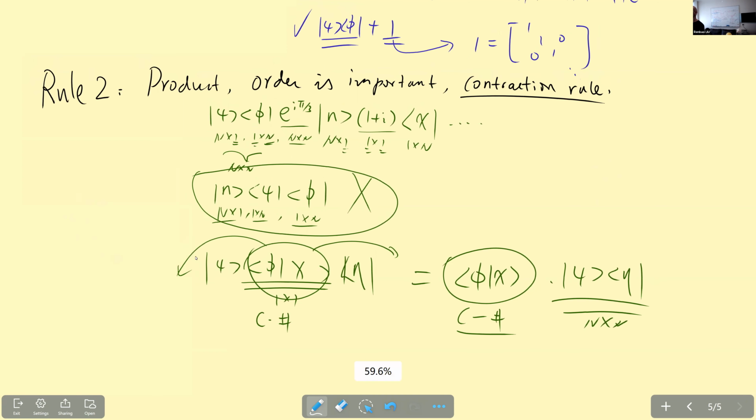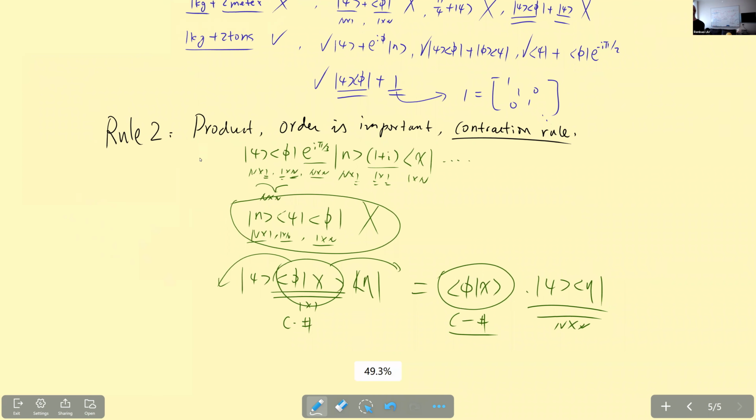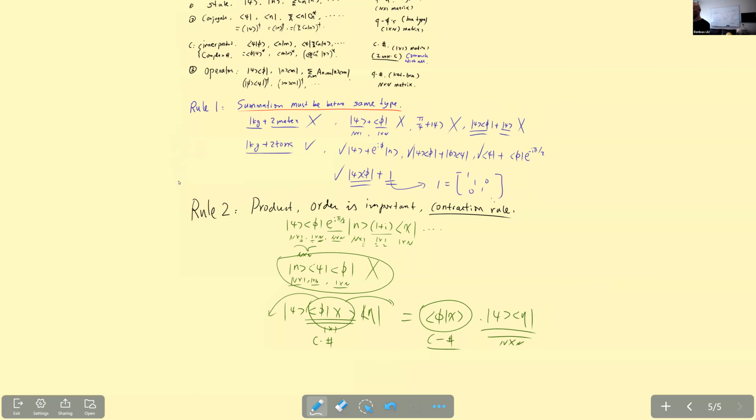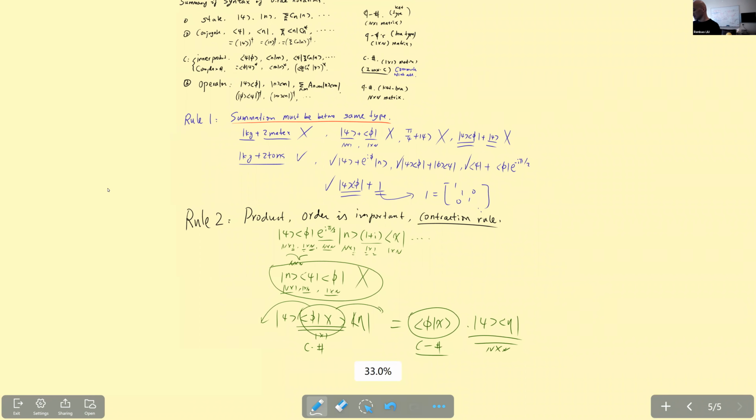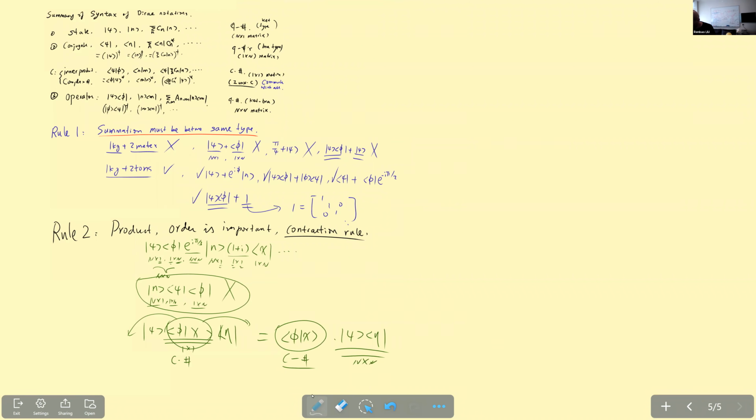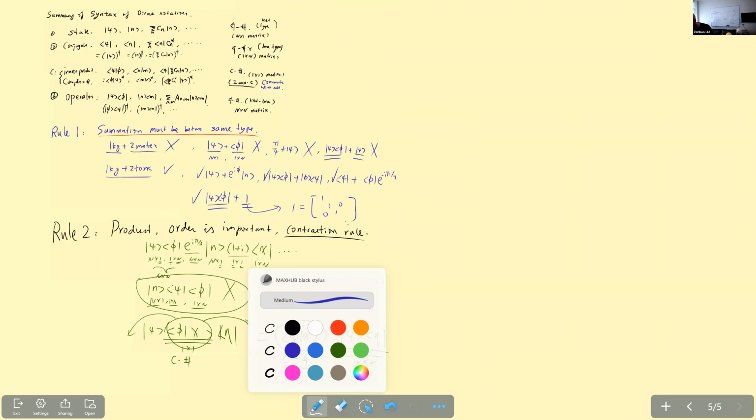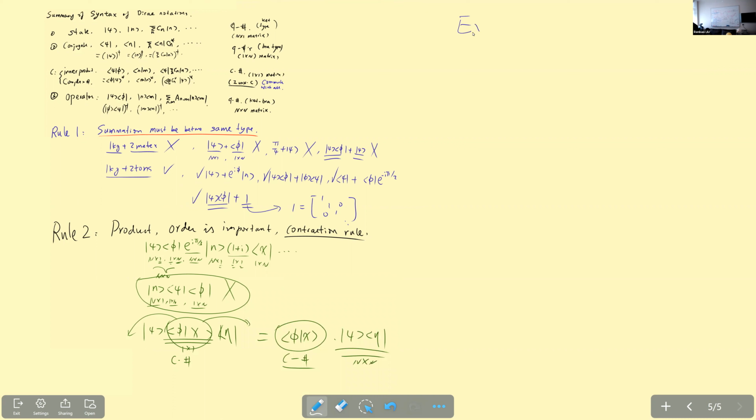So once you know this, you can actually do a lot of things to play. Let me give you one example. Let's look at the completeness.